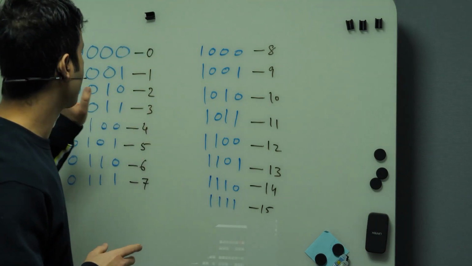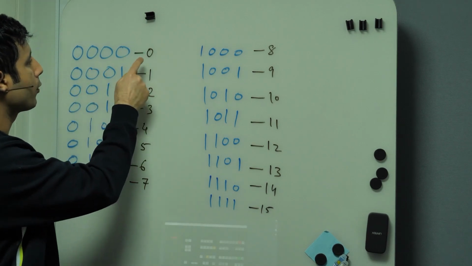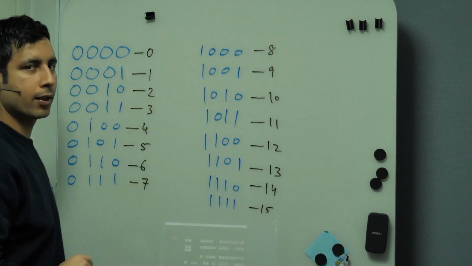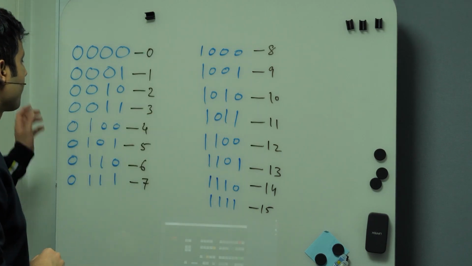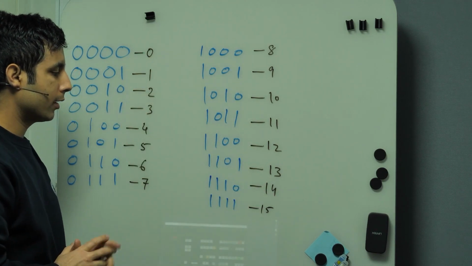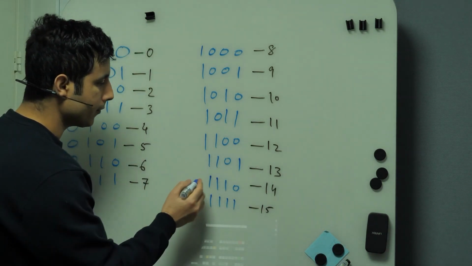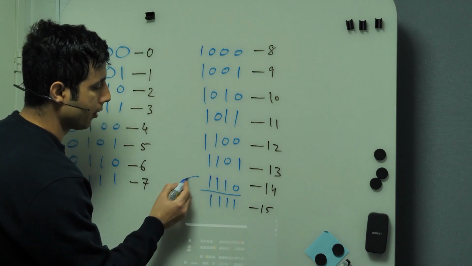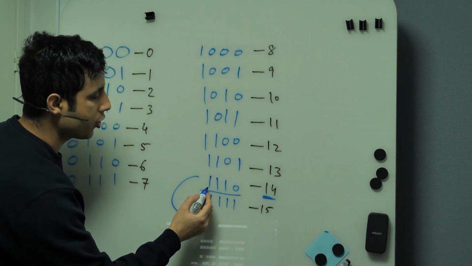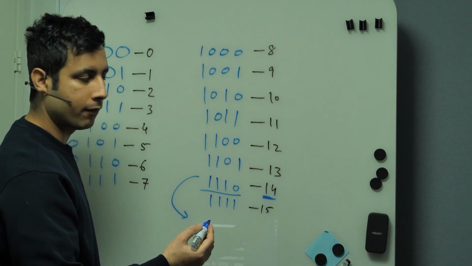So if we write down all unsigned numbers possible in 4 bits, we have 0, 1, 2, 3, 4, and we write down all bit patterns. And as you can see, they have this increasing order. Now, you might also know that if we have to convert, for example, the number 14 to its equivalent decimal number, we can check the bits which are 1 and then sum up the corresponding weights.